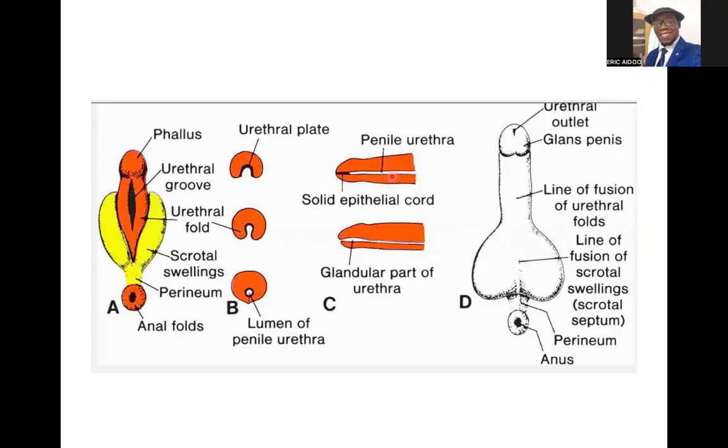So this is what it's going to look like when everything is fine. That's the penile urethra. That's the glandular part of the urethra. That's the glans penis. Line of fusion of urethral fold is there. Line of fusion of scrotal swelling or labioscrotal swelling.